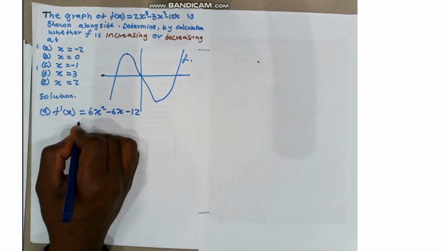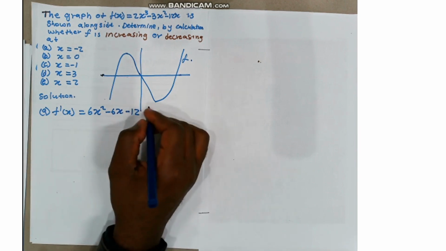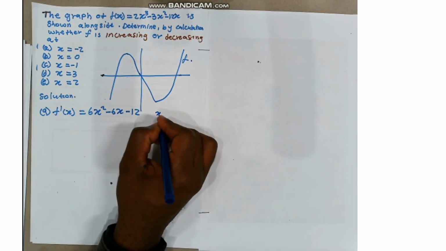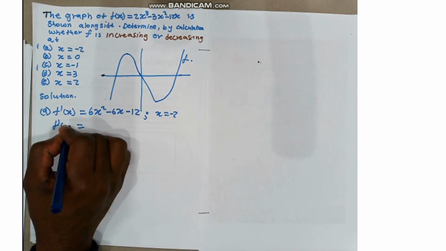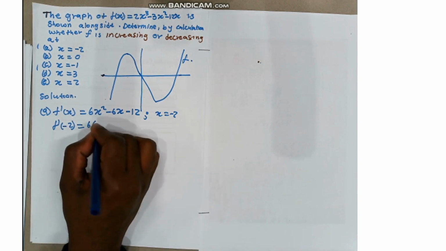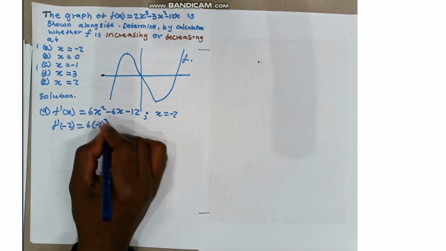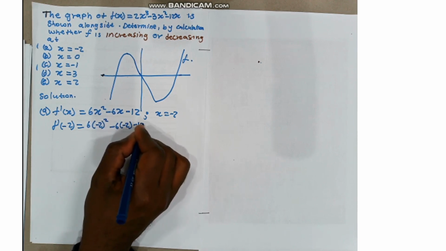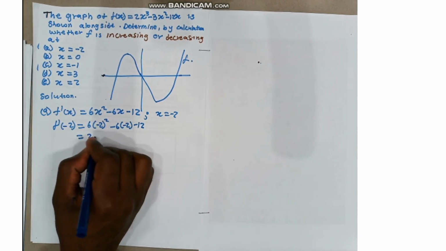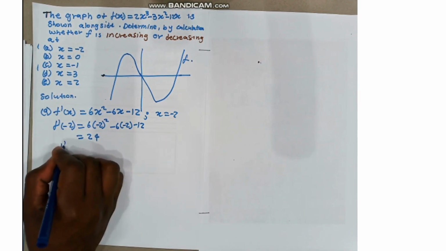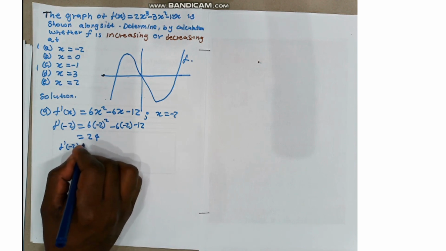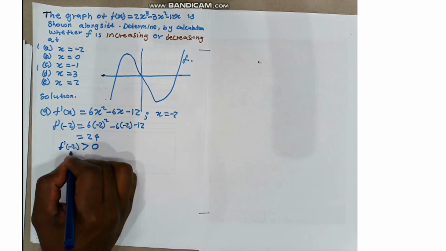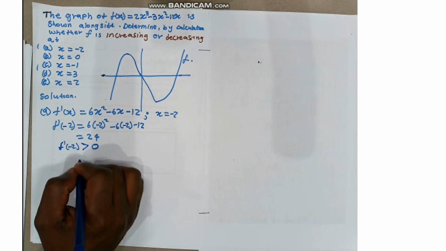This is our derivative, and now we are checking it where x is equal to -2. We substitute -2: 6 times -2 squared minus 6 times -2 minus 12. Our answer is 24. So f prime of -2 is greater than 0. If f prime of -2 is greater than 0, what does this mean?